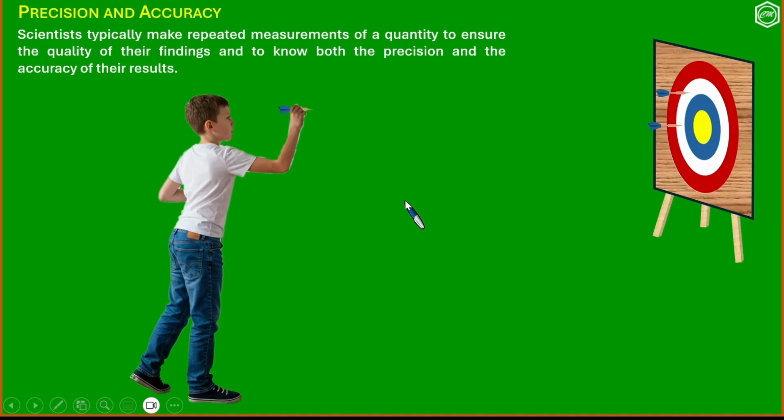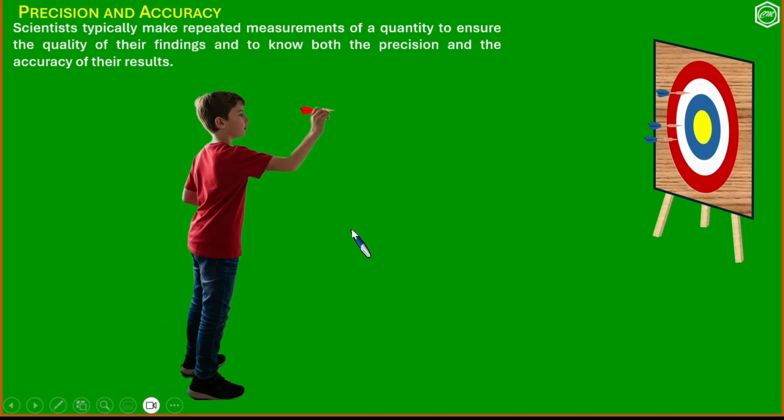Now, his third attempt, that also is away, and none of his throws hit the target. So, his throws are not precise because they are far apart in position, and not accurate because they are away from the target.